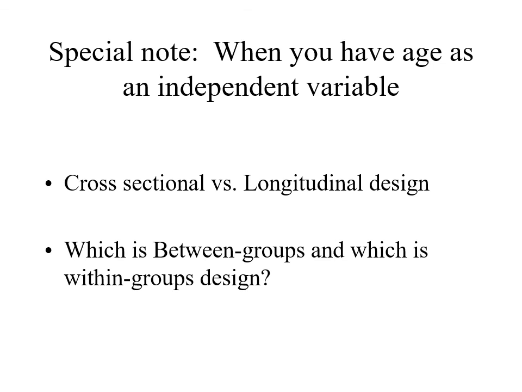Let's say in 2020, I am gathering people who are 5 years old, 15 years old, 25 years old, 35 years old, and I'm gathering these groups of people in one sitting, young people, older people, and so forth. And I'm interested in the effect of age on whatever dependent variable you're interested in. So that would make it a cross-sectional design, which means that it's between groups.